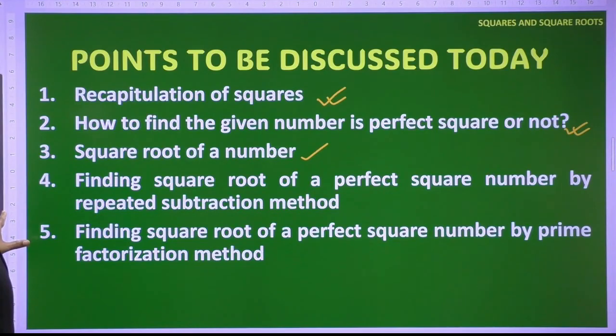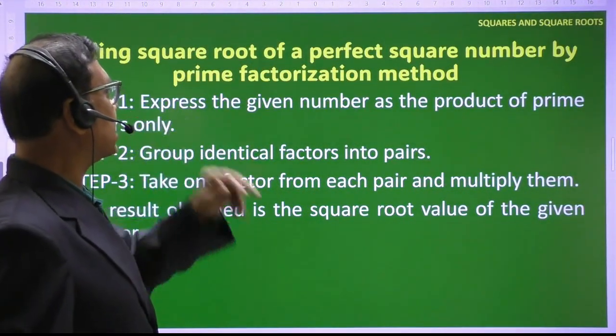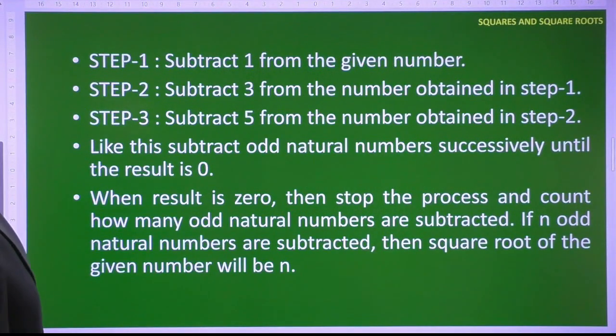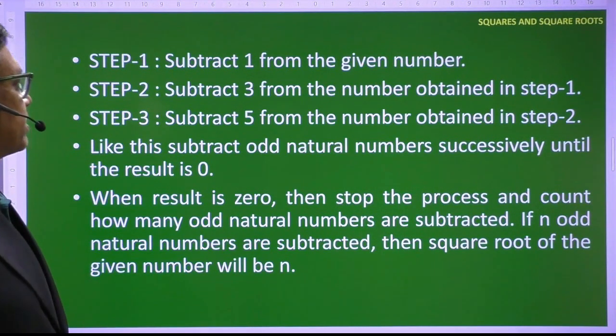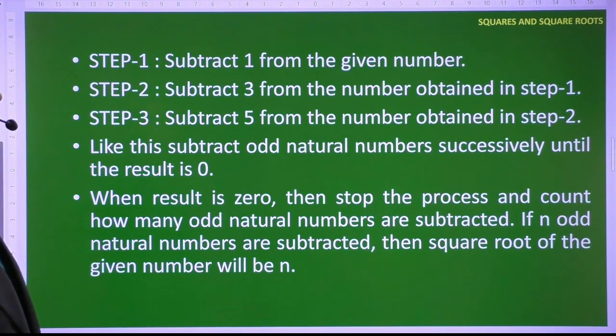I'll discuss the fourth point, finding the square root of a perfect square number by the repeated subtraction method.